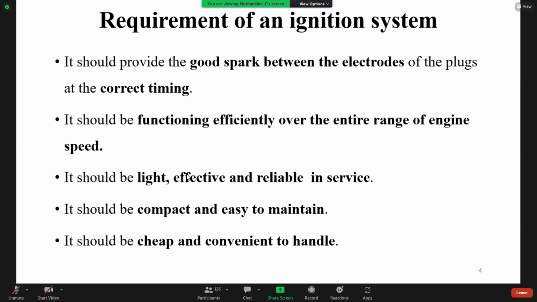Then it should function efficiently over the entire range of engine speed, be light, effective and reliable in service, compact and easy to maintain, and cheap and convenient to handle. These are some requirements of an ignition system. Quickly note it down, only the keywords are enough. Good spark between the electrodes, then functioning efficiently. Important points only.